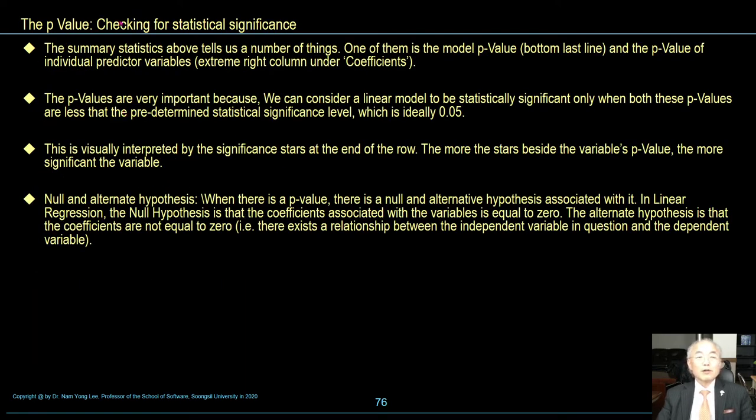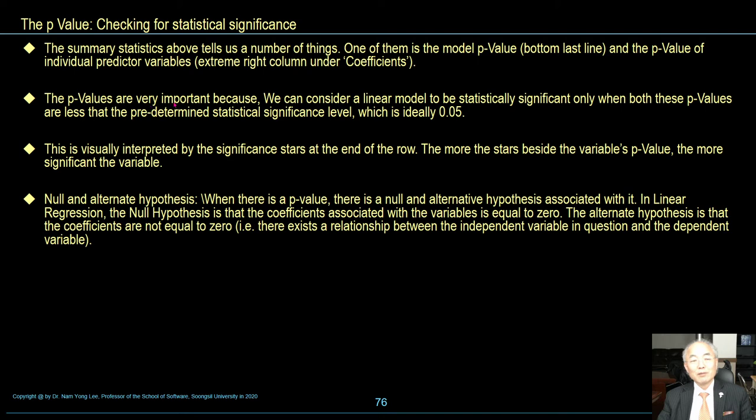The p-value for checking statistical significance. The summary statistic above tells us a number of things. One of them is the model p-value. The other is the p-value of individual predictor variables, in the extreme right column of the coefficients.